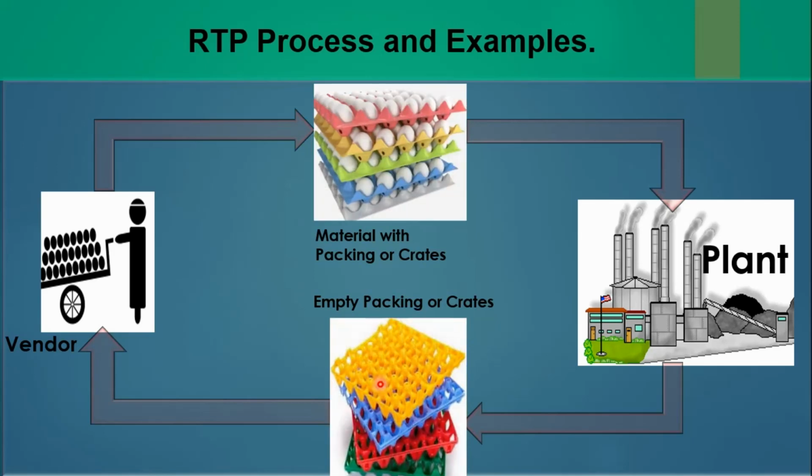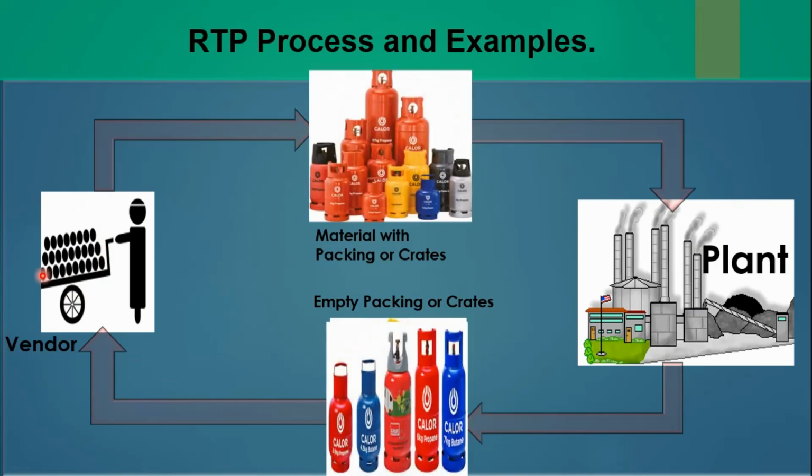For example, take eggs, where a shop owner receives eggs from a vendor or supplier in trays, or a food industry utilizes the eggs and returns the trays to the vendor. Similarly, gas cylinders are familiar to everyone. We consume only the gas and return the cylinder to the vendor once it is empty. That is again an example of the RTP process.